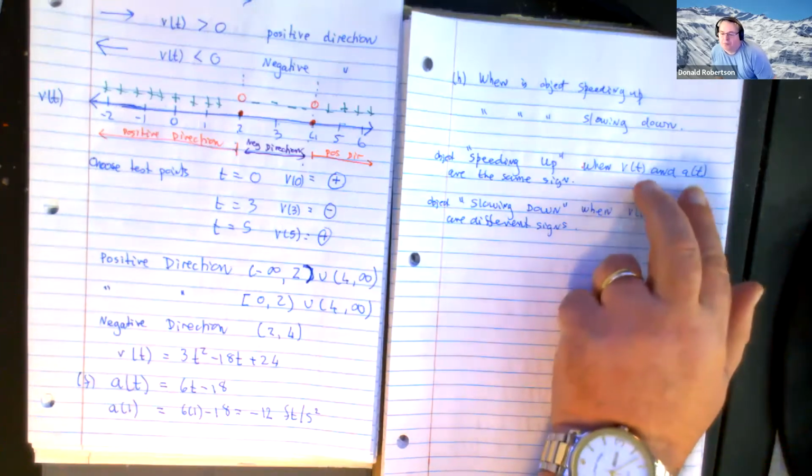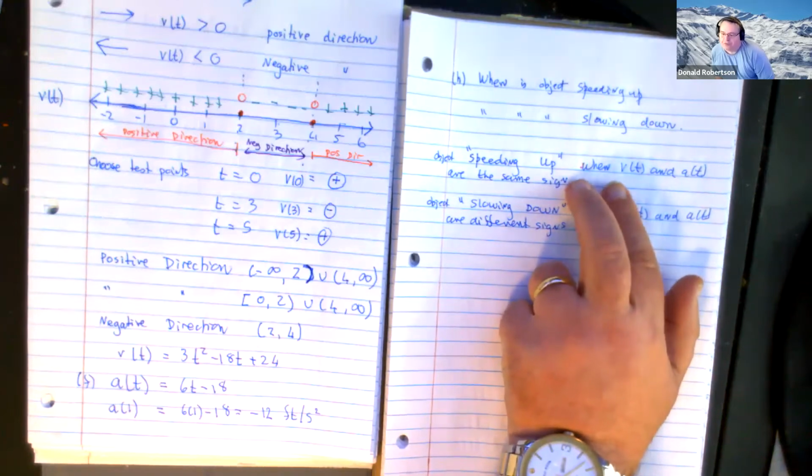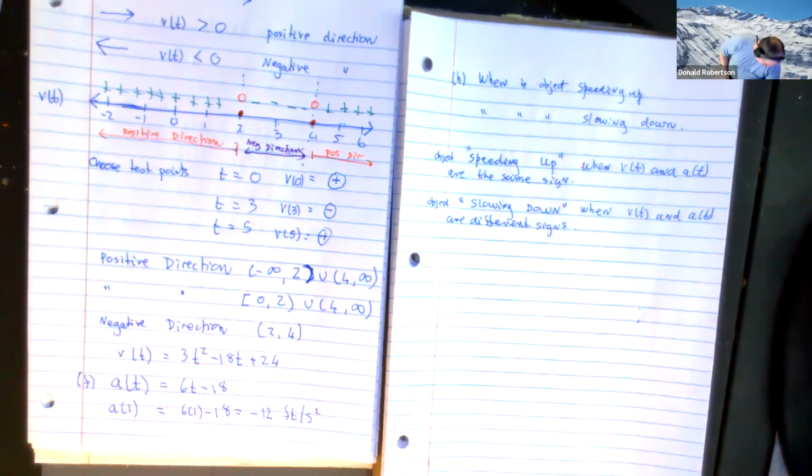Are you happy with me just giving you that as magic, or would you want to see a little bit of proof of why a thing is speeding up when both velocity and acceleration are the same sign? When they're both positive and they're both negative.